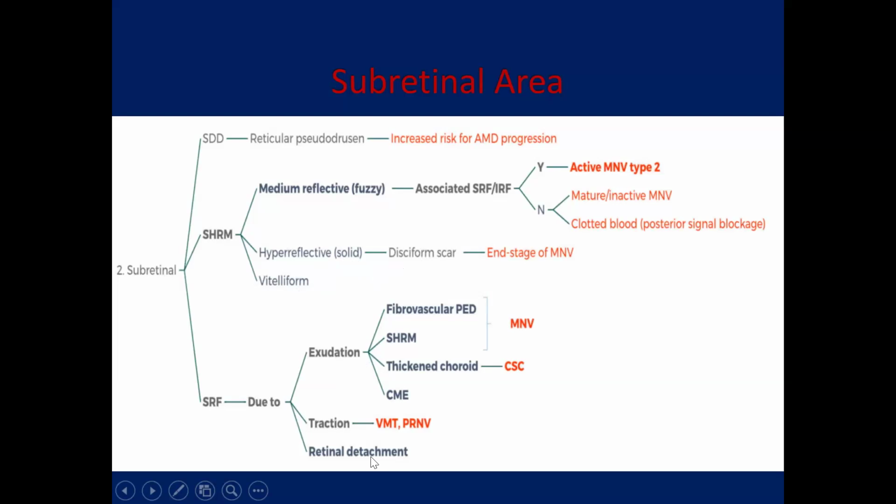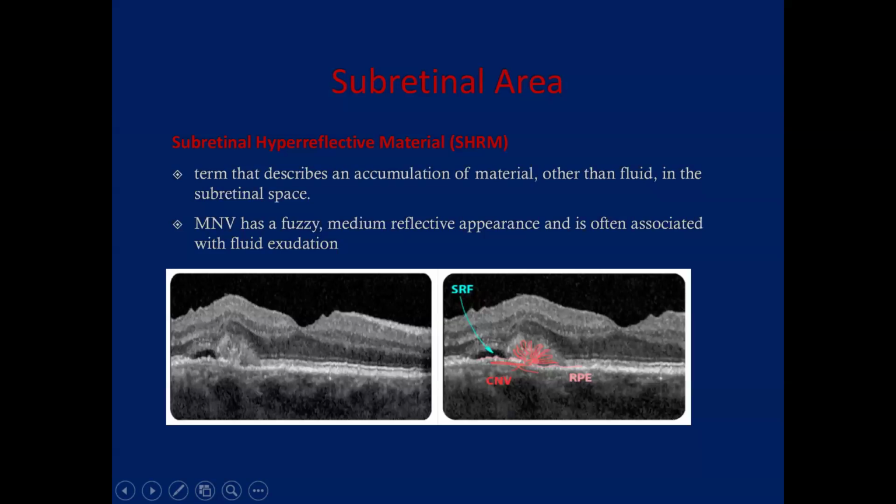You can see fluids. So subretinal hyperreflective material, as you see here, results from choroidal neovascularization, and this type of macular neovascularization from AMD. You can see such a lesion just under the subretinal space.